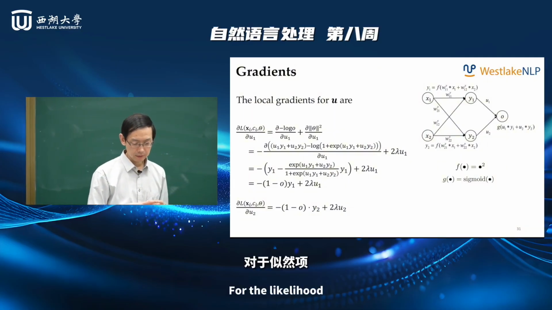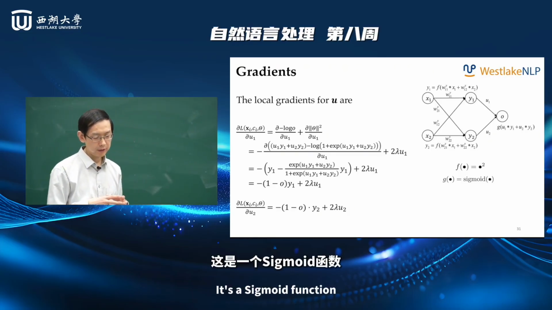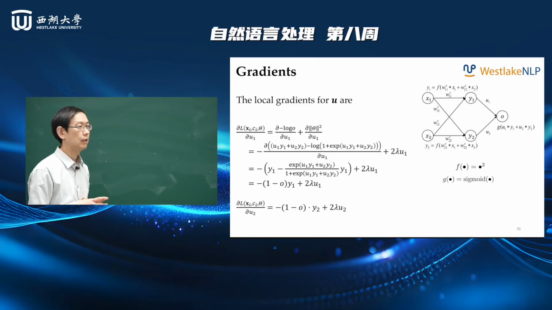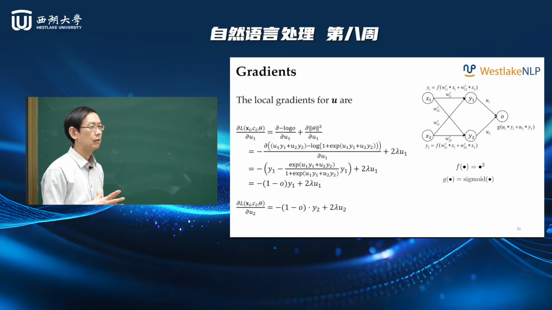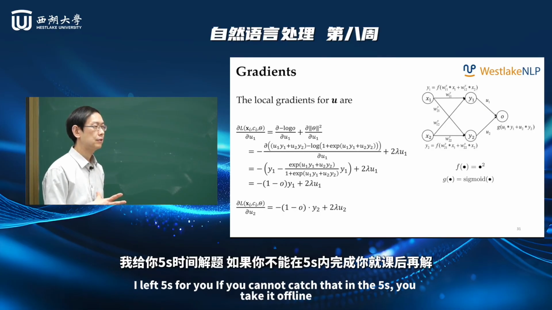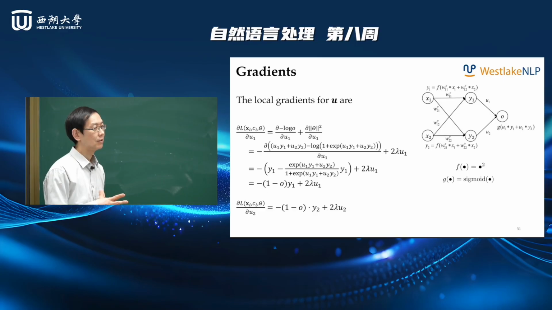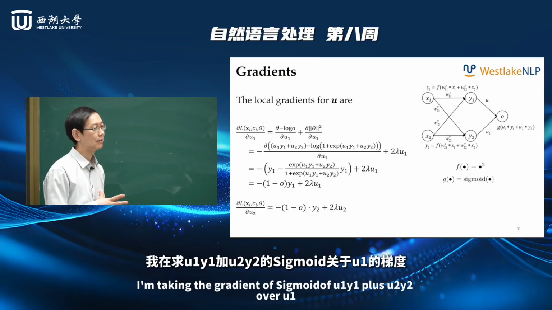For the gradient of the likelihood, it's a sigmoid function. I left 5 seconds for you. If you cannot catch that in 5 seconds, you take it offline. I'm taking the gradient of sigmoid of u1y1 plus u2y2 over u1.